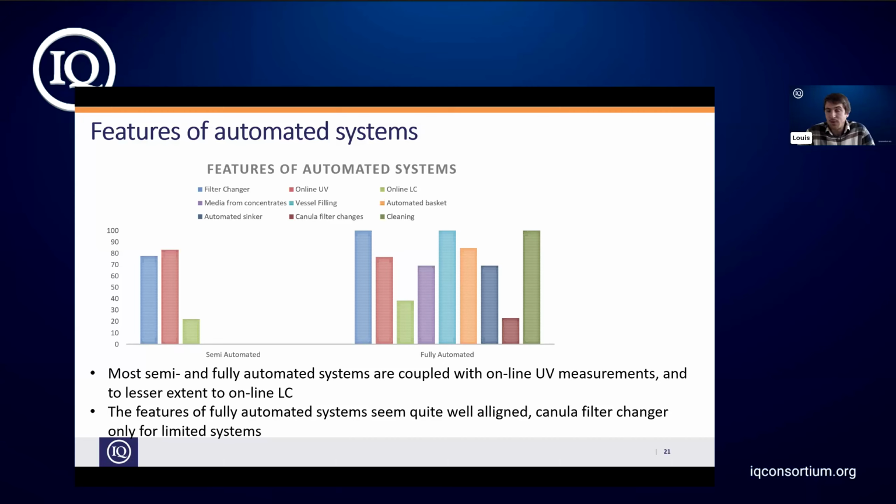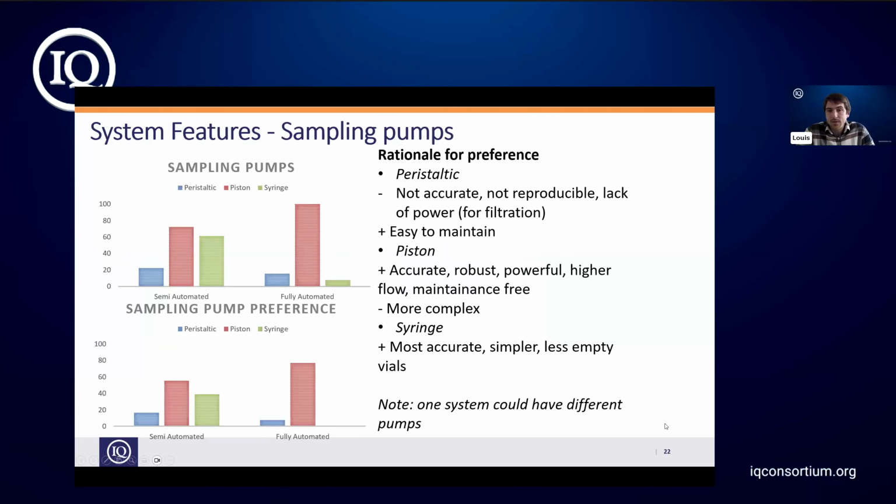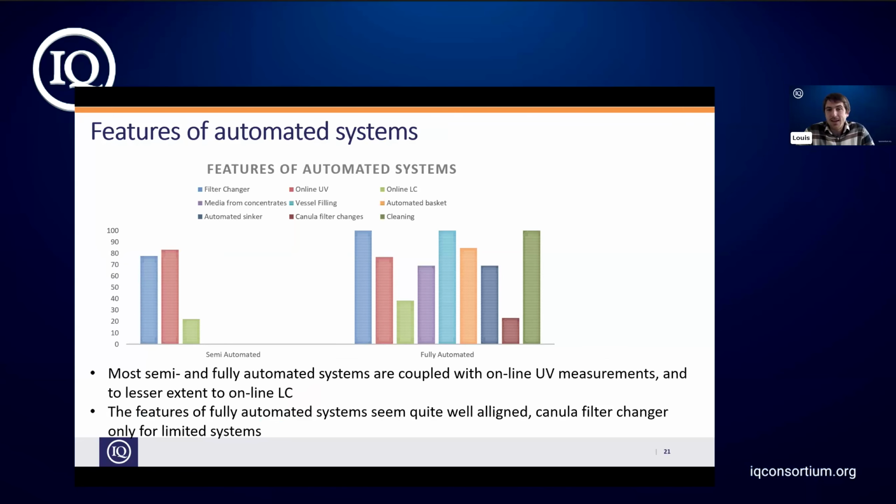Depending on the technology you use, it might still be collected in vials first or not. And then you still have the benefit basically of having the chromatography and the separation, but still you have the online capability. And then if we look at the features, sorry, one slide back.